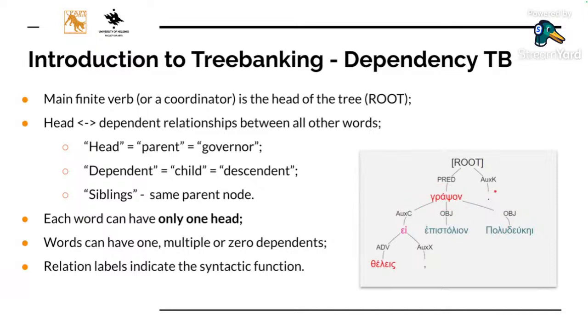And it's very important to remember that each word can have only one head. So this is an acyclic relationship. You cannot, for example, have this word be both the child and the parent of this word. And a word can in turn have one, multiple, or zero dependents, depending on the syntactic structure of the sentence.